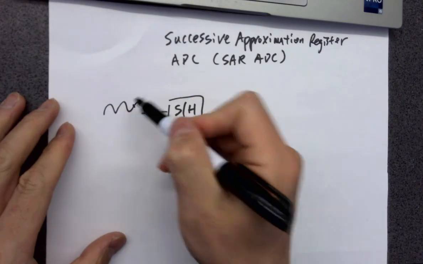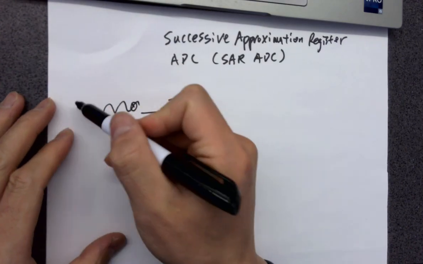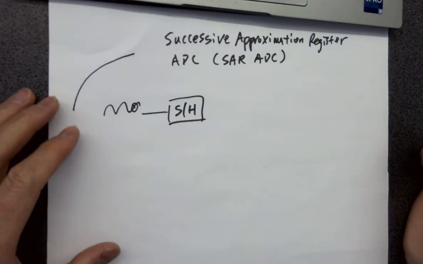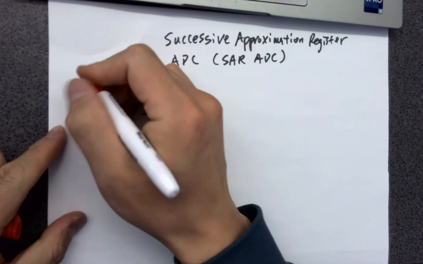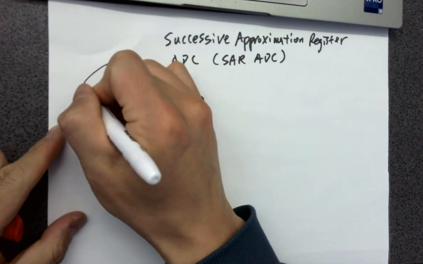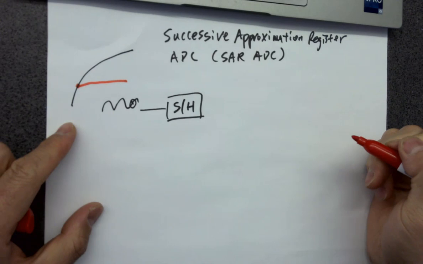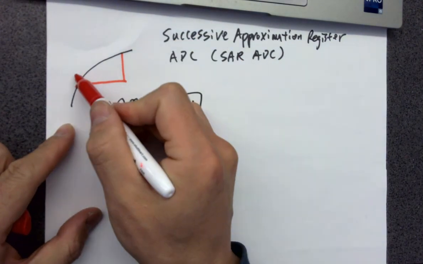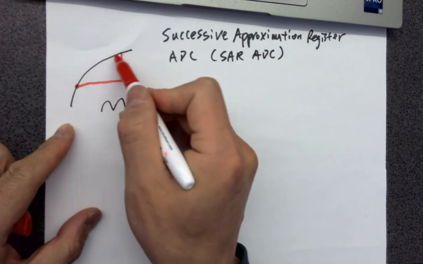If you zoom in at this point, the sine wave looks like this, for example. But the thing is, it's being sampled, and it's being held for a certain period of time. Because you can do this sampling really quickly, you're actually tossing the information over here.